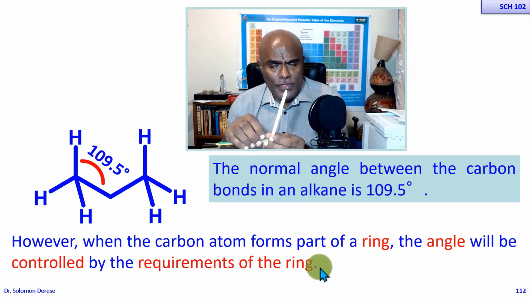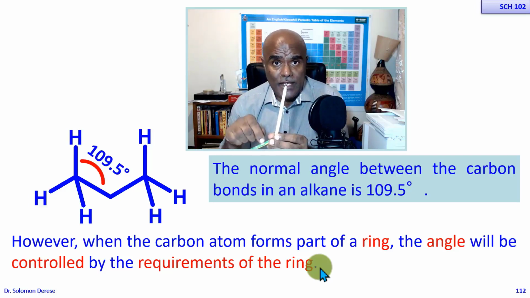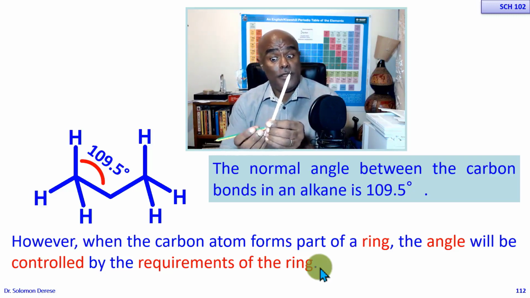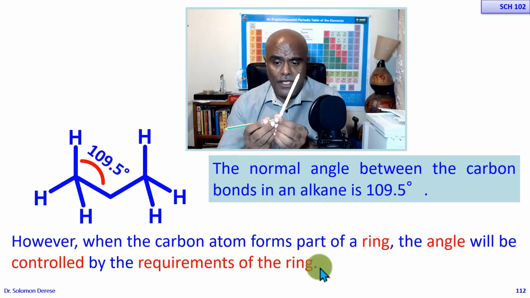The closer their bond angle is to the ideal 109.5 degrees, the more stable the cycloalkane is. As much as possible, their bond angle should be 109.5 in order to become stable.